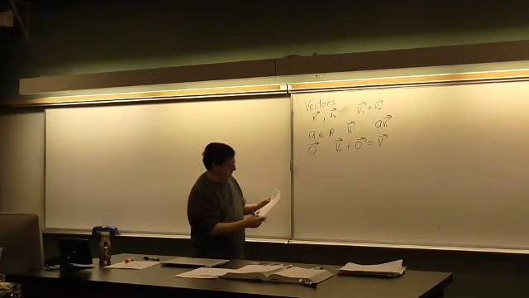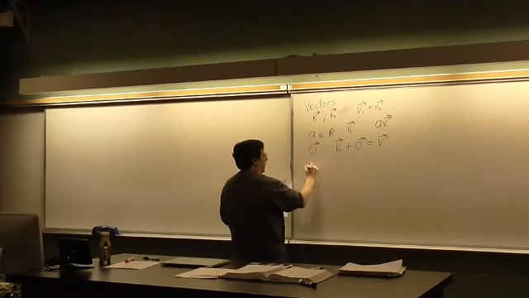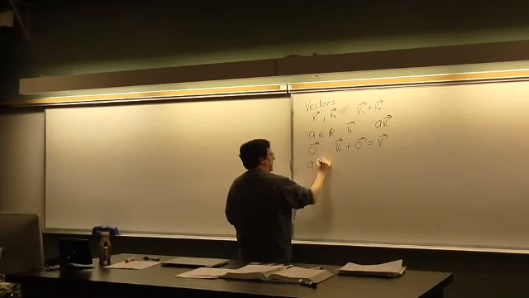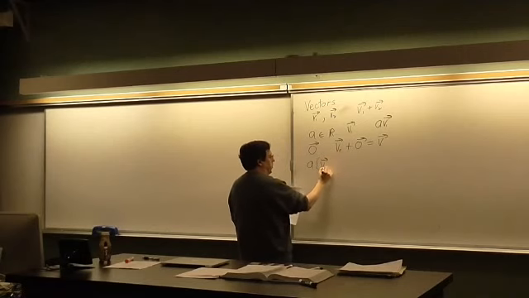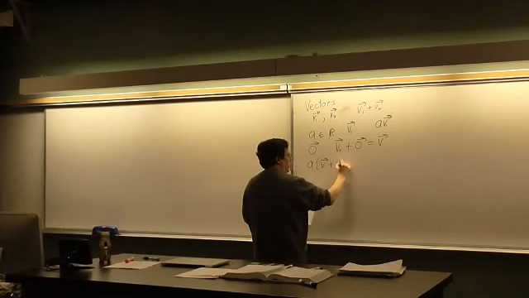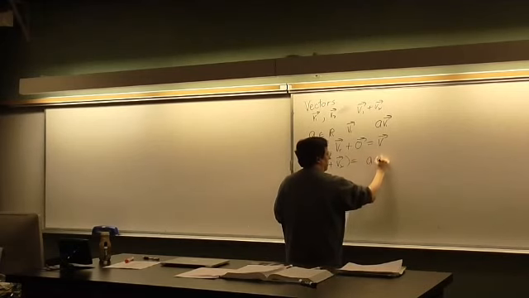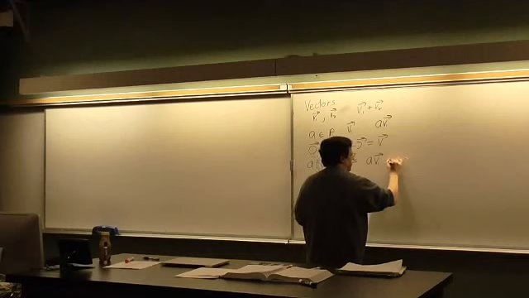And we have some other properties, less important maybe. We have a distributive property that says if you multiply a constant times a sum of vectors, that's the same as the sum of the constant times each of the vectors.